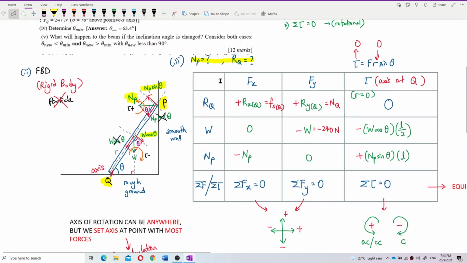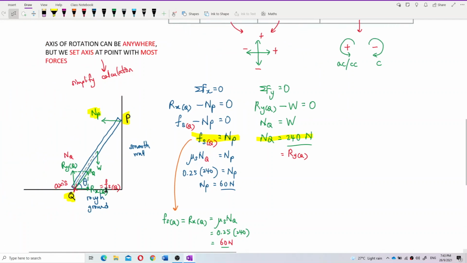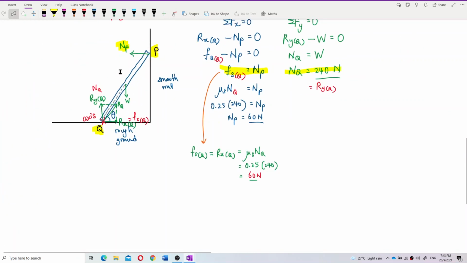We got the answer already. So first of all, look at this diagram again. For question 3, just now we got the normal force for P from calculation. It is 60 Newton.